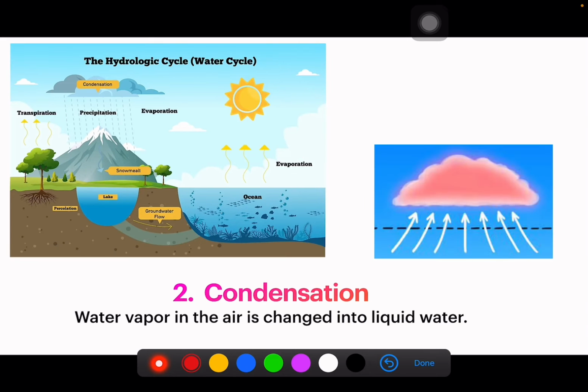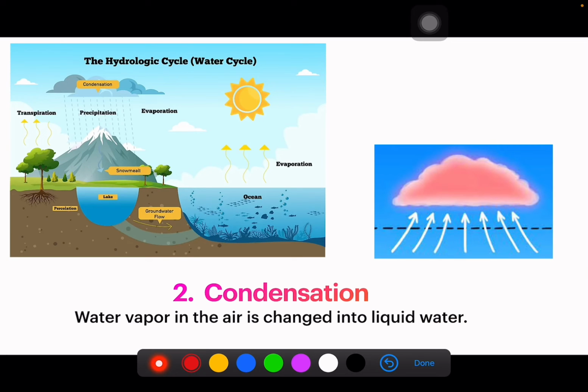Okay, next we have number 2, condensation. This happens when water vapor in the air is changed into liquid water.